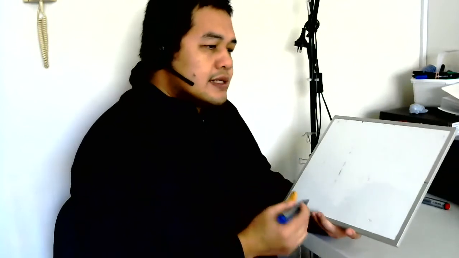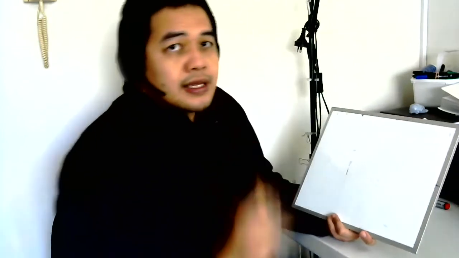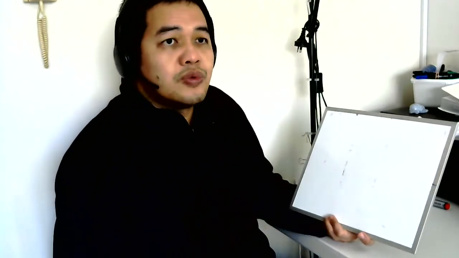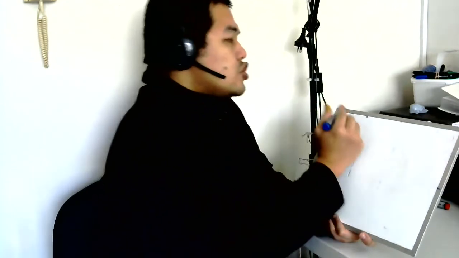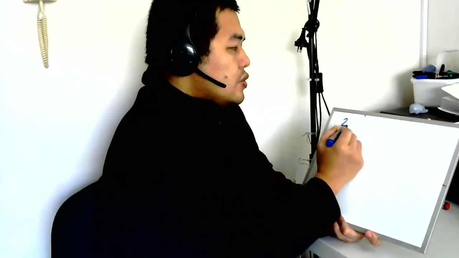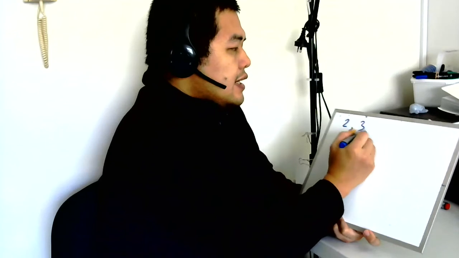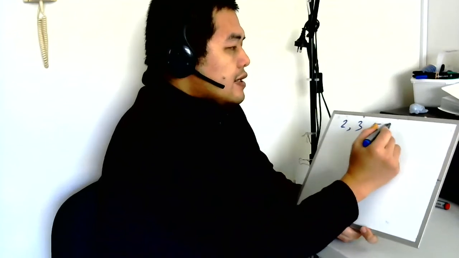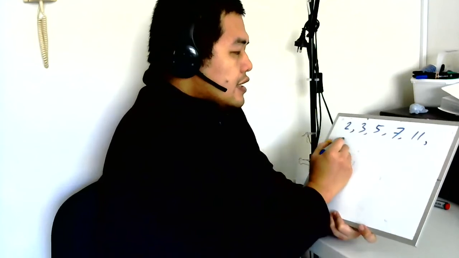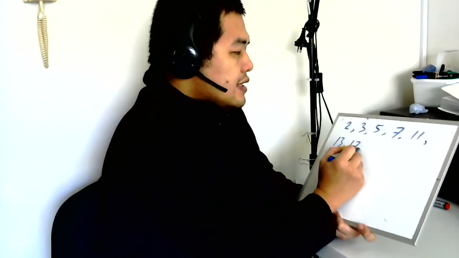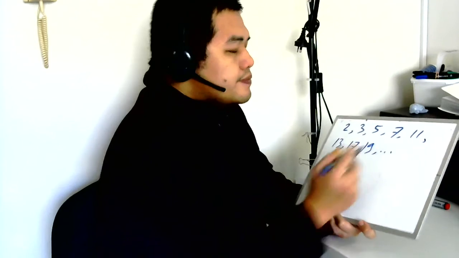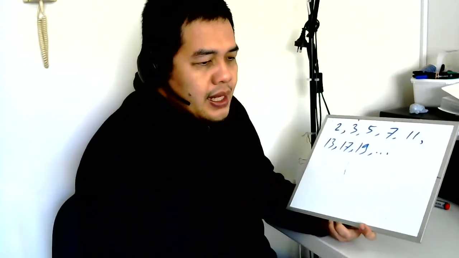Now, if we go back to the discussion that we had yesterday about prime numbers, why this number is amazing. A prime number, again, is a number that has factors equal to 1 and itself. So for example, 2, and then 3, and then 5, 7, 11, 13, 17, 19, and so on.